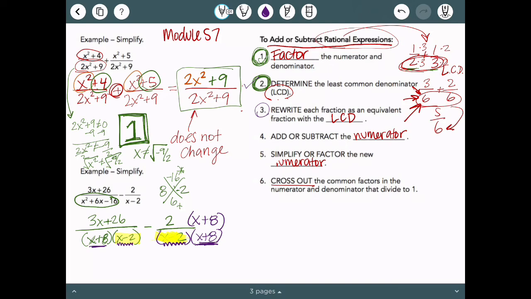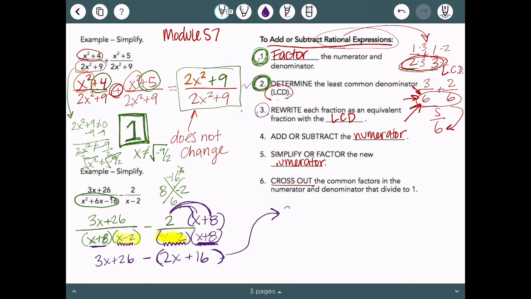That's already what I had here. That's when I was multiplying by x plus 8. And then I'm going to go ahead and distribute these pieces in here. So I'm going to have 3x plus 26 minus this whole thing that's happening over here. So 2 times x, which is 2x, and 2 times 8, which is plus 16, right?